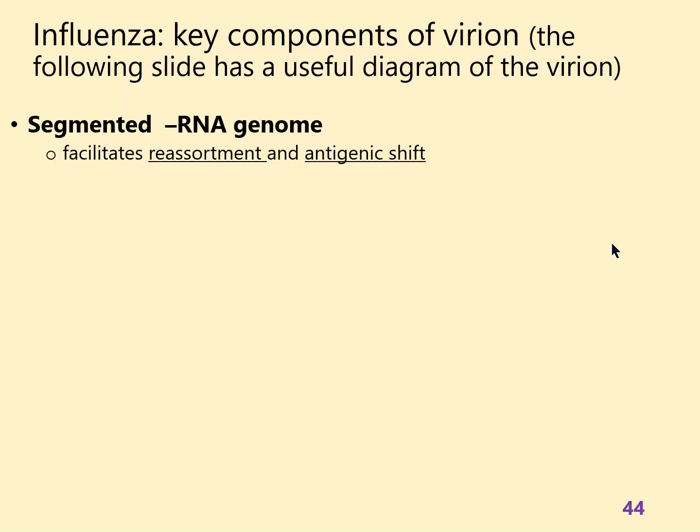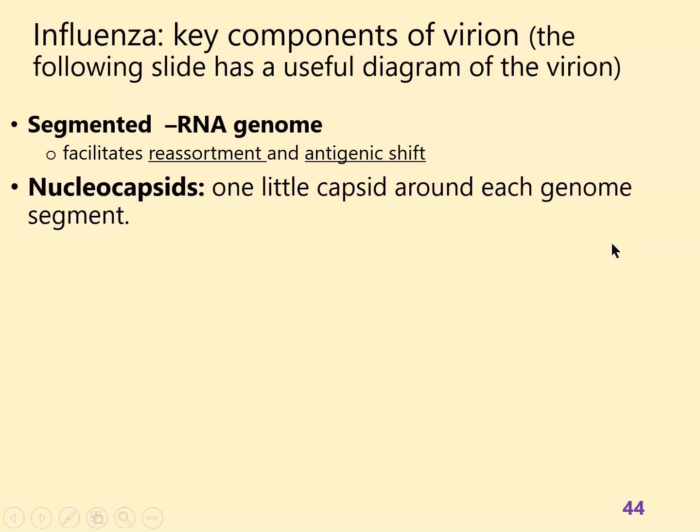It's segmented, so there are 8 segments, and what that means is if 2 different influenza viruses infect the same cell, like imagine a bird flu virus and a human flu virus infect the same cell, they can swap those segments. You could think of them like our own chromosomes, where we have 23 different chromosomes. They have 8 different genome segments. And that is a thing we'll talk about later.